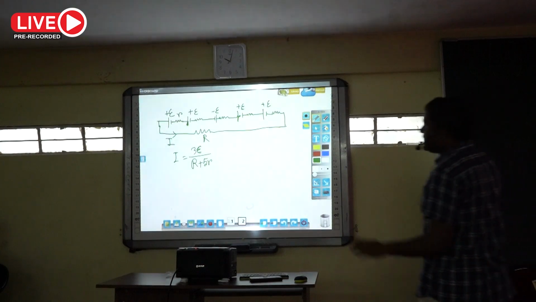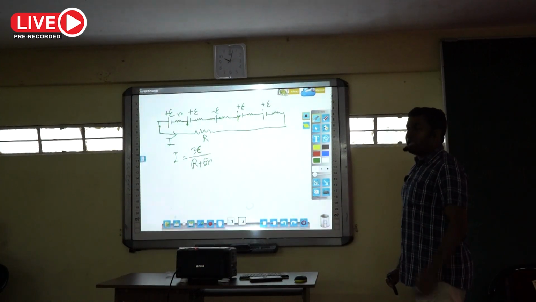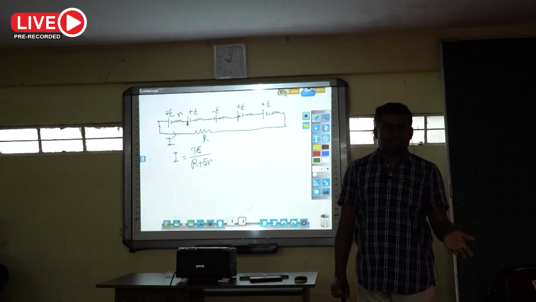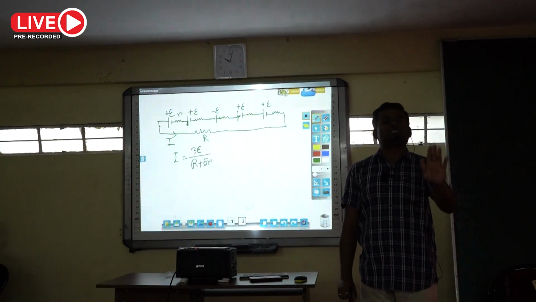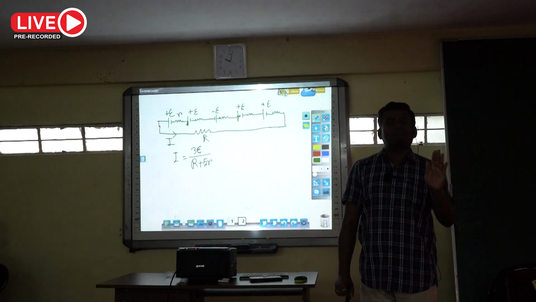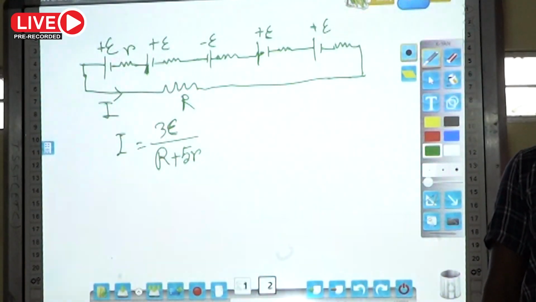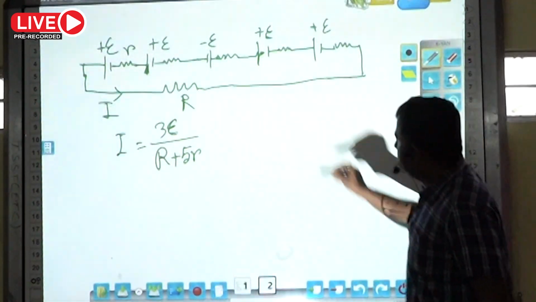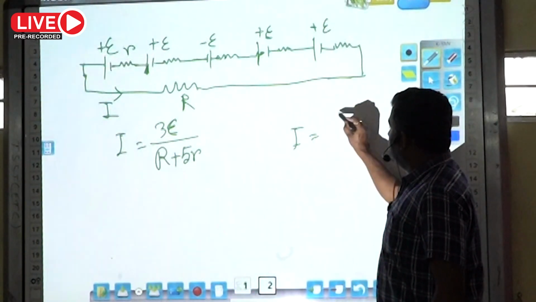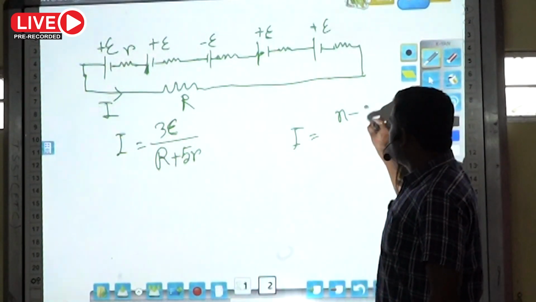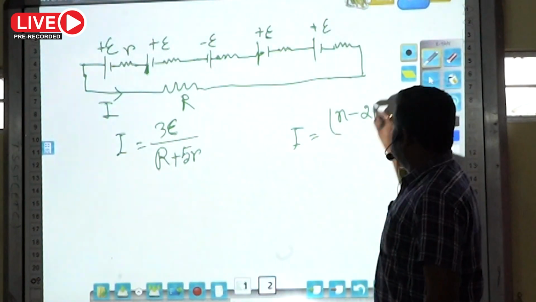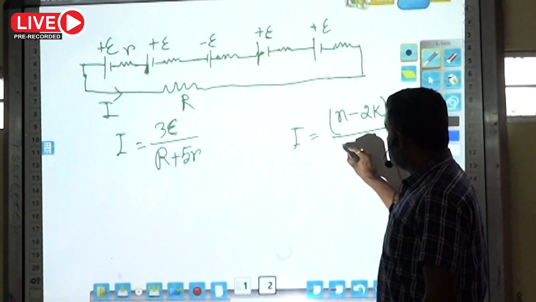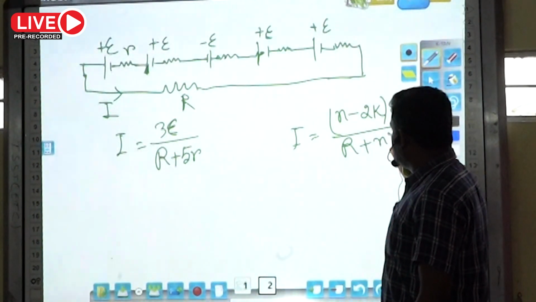So remember, if there are n number of cells and among them k number of cells are connected in opposite order, suppose n is 20 and k is 3, then the effective EMF will be (n minus 2k) into E, by R plus nr.